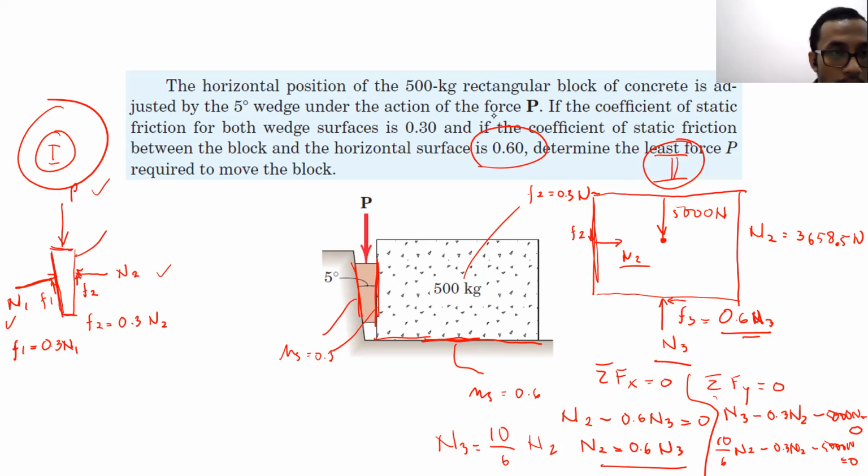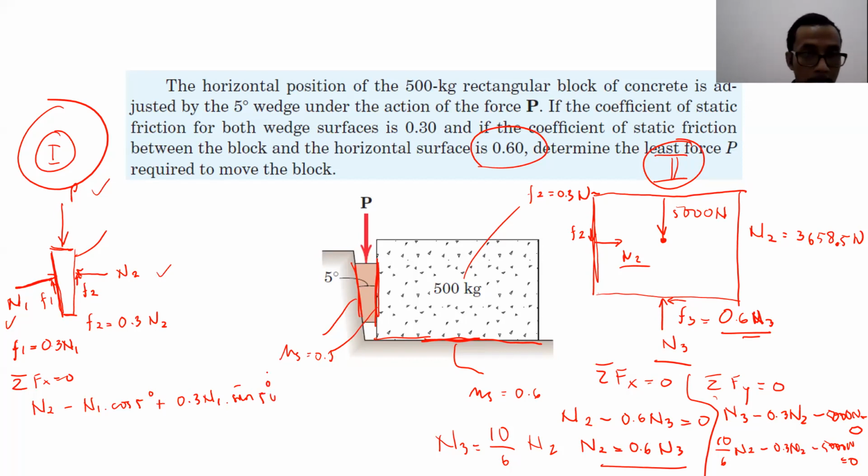So for this one, sigma Fx equal to 0. Using sigma Fx equal to 0, what we will have is N2 minus N1 cos 5 degrees, then plus 0.3 N1 multiplied by sin 5 degrees, equal to 0.